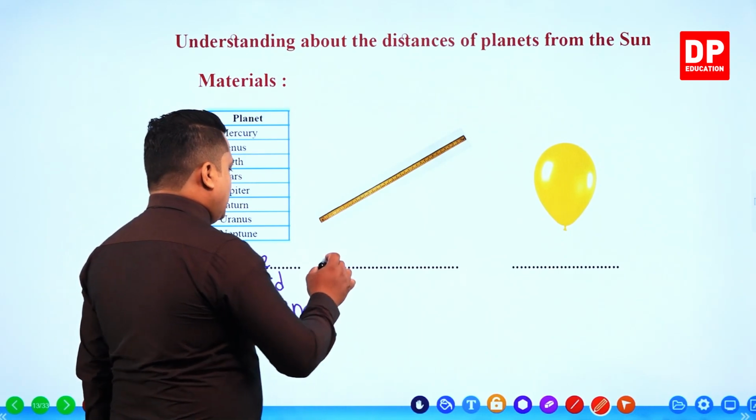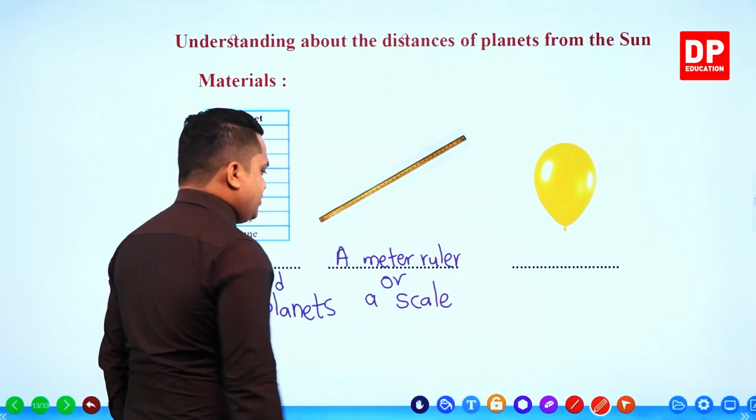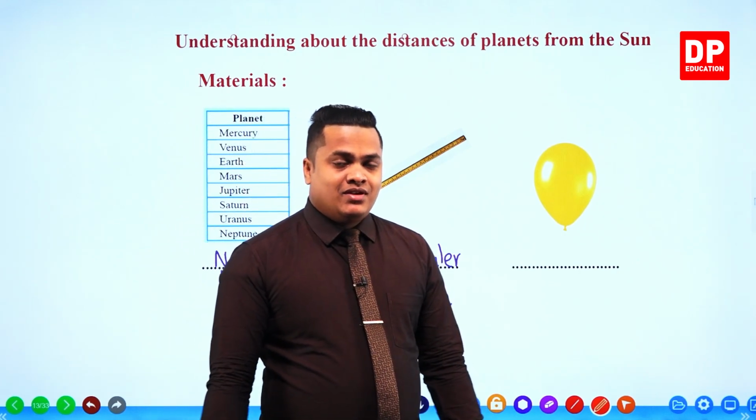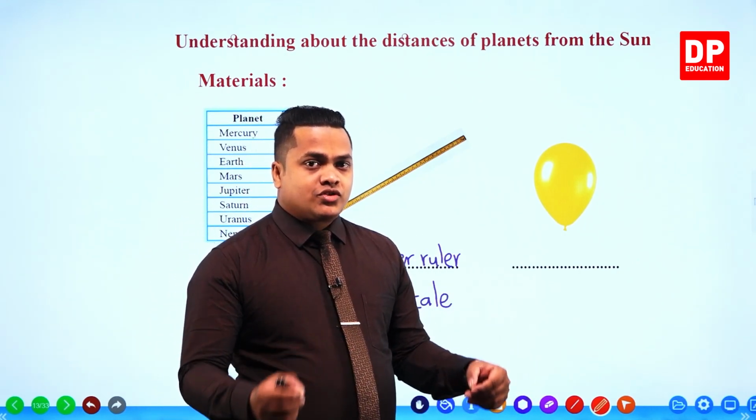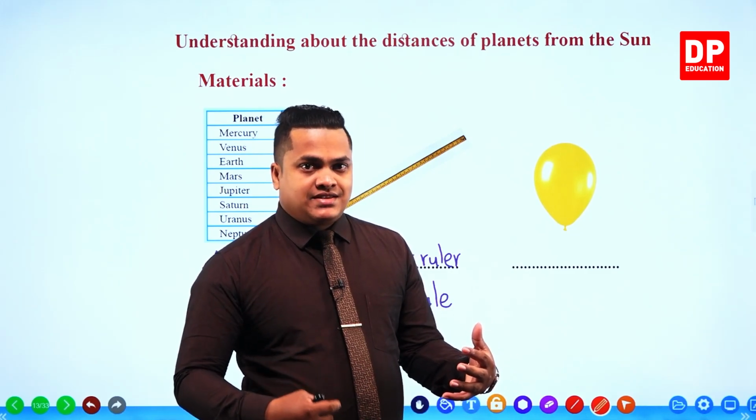Then a meter ruler, or else a scale can also be taken. Scale means you can use a measuring tape or a measuring rod, like that. Now we have to measure the distances, no?